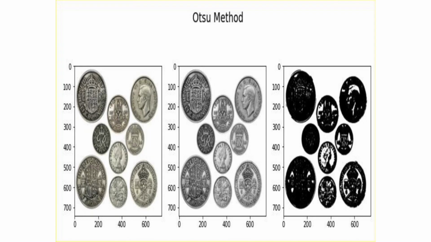The first output shows the Otsu method, where first is the input image, the second is the converted grayscale image, and the third shows the result of the Otsu method, using the threshold value to convert to only two peak points, 0 or 1, likewise black or white backgrounds. So coins are effectively shown with the Otsu method.